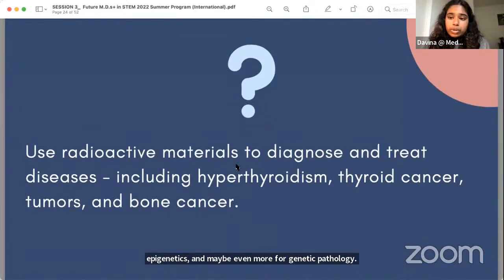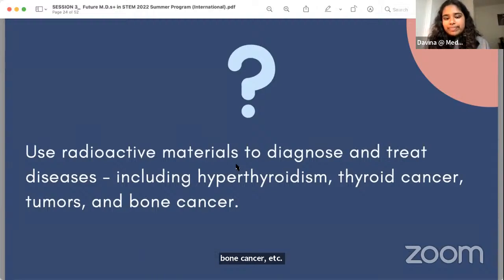All right, so specialists in what field might use radioactive materials to diagnose and treat diseases including hyperthyroidism, thyroid cancer, tumors, bone cancer, etc.? This one's a bit trickier.